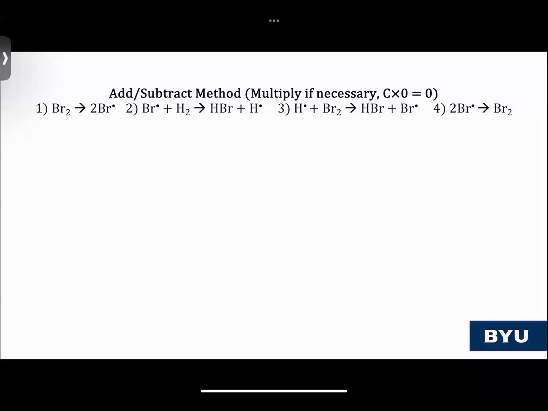Okay, so our rate law for step 1, I'm going to label these K1, K2, K3, K4. R1 is only dependent on my bromine concentration because it's irreversible, a single directional arrow.